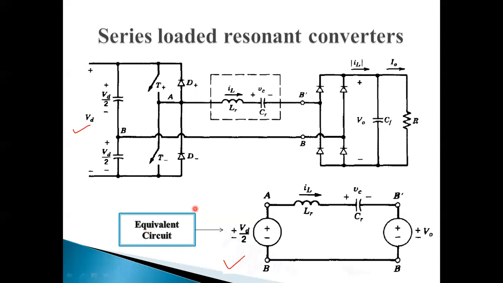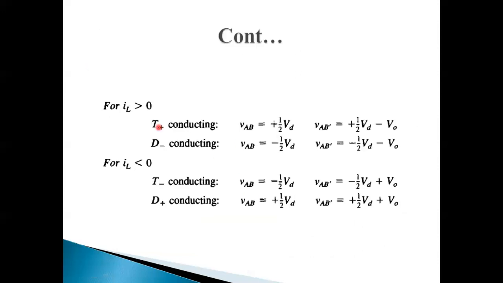And this is our mode for IL greater than 0 and IL less than 0. If we're talking about our first mode, then the inductor current is greater than 0.